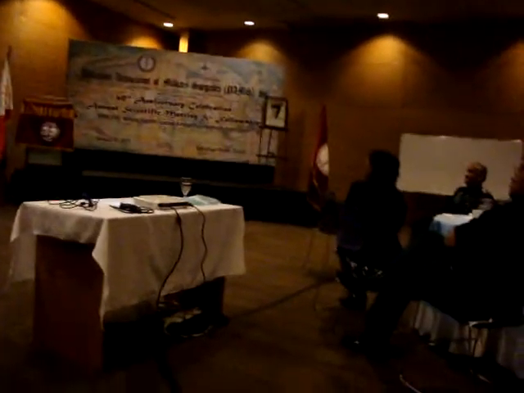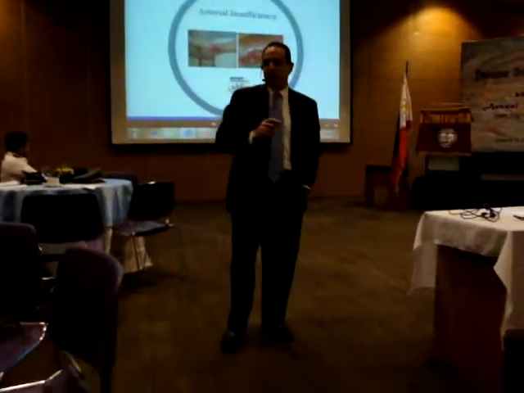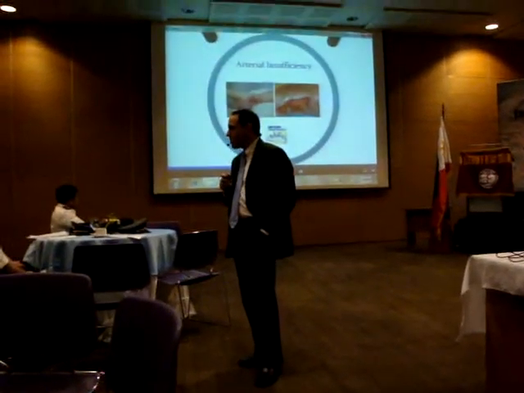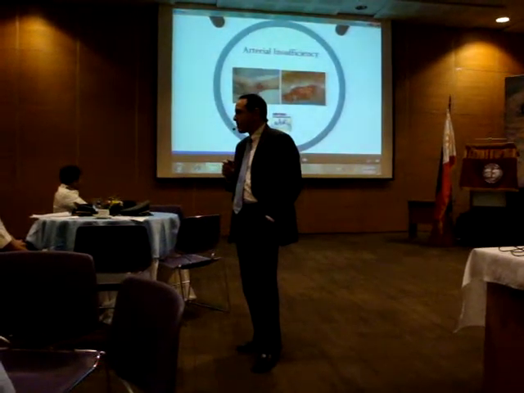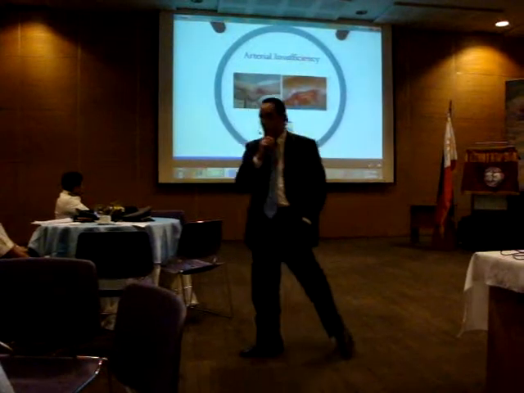Arterial insufficiency, also known as ischemic ulcers, occurs on the lateral aspect of the lower extremity. And what is a common pathophysiology or causative factor for arterial insufficiency? Any of the young doctors? Smoking is one, right?